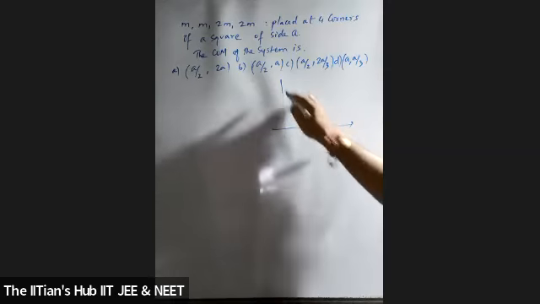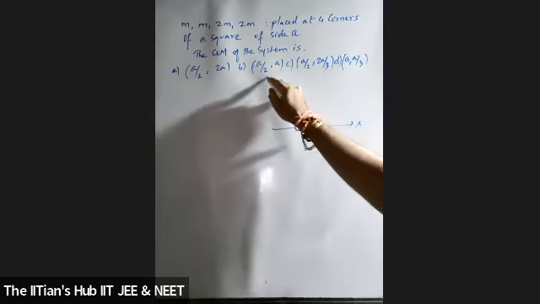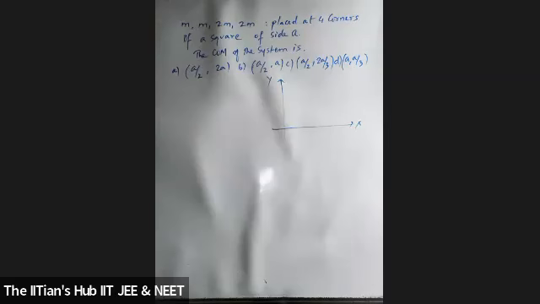Okay, Yana, can you answer for this? How to solve it? Sir, first we'll write coordinates of all the four particles. Okay, and how are you aligning these four particles? In the XY plane. Absolutely correct. And how are you locating these particles?